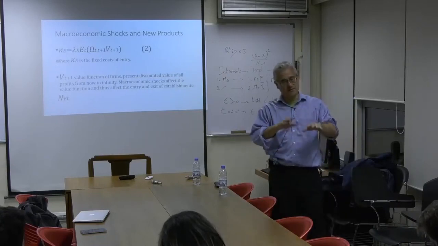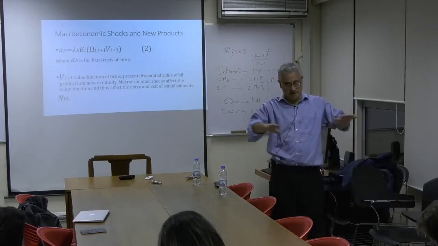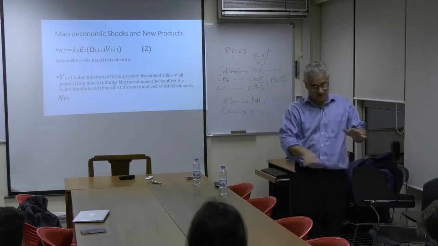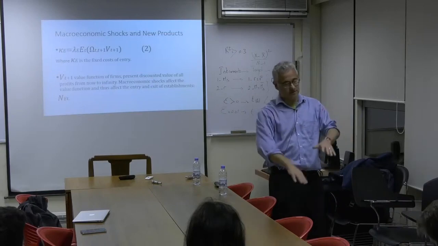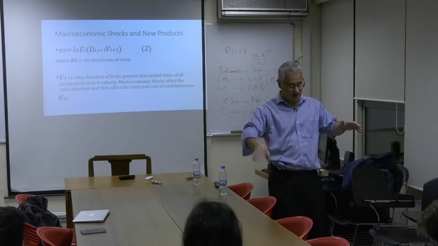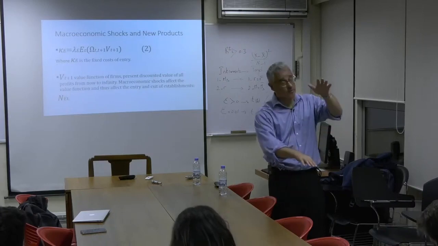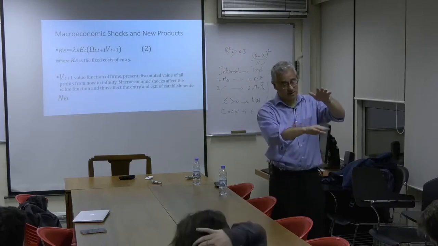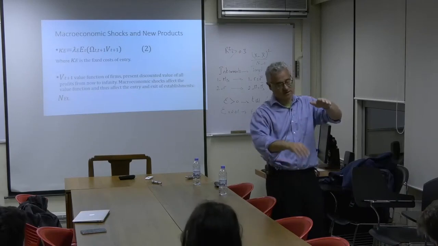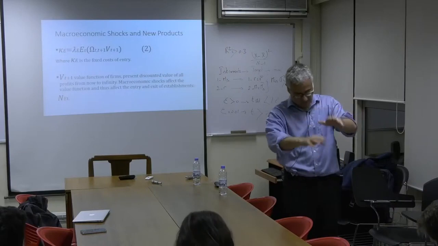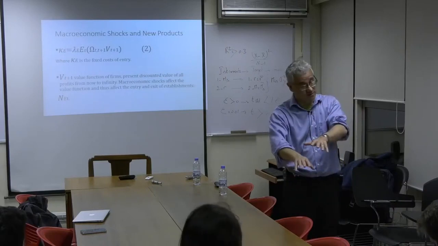Even on average, you have new products coming in and old products going away, and when you have favorable business cycle shocks, overall the number of new products goes up, and with unfavorable shocks, your rate of new products goes down.